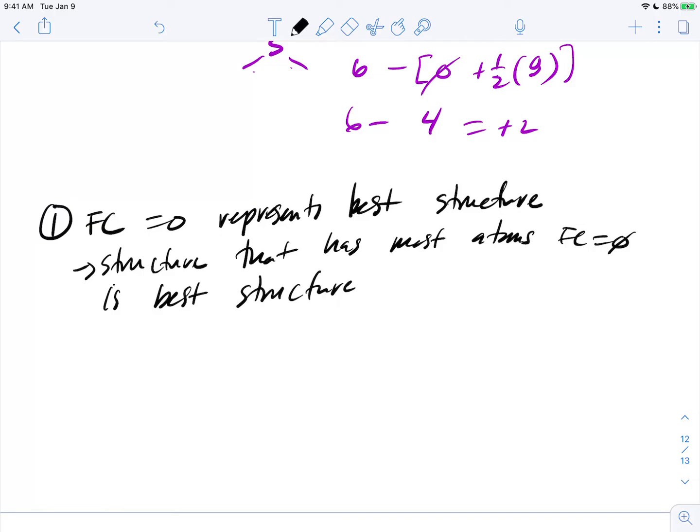Now, sometimes that is impossible. Sometimes we would have one structure or multiple structures that both have the same number of atoms with a formal charge of 0.